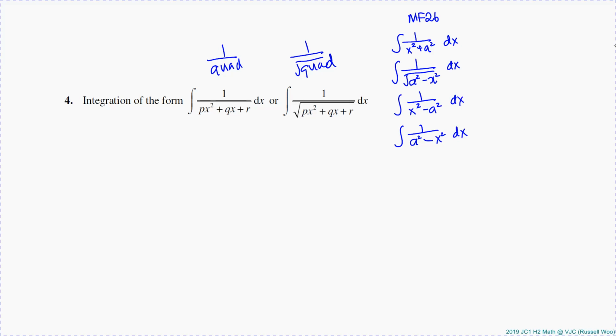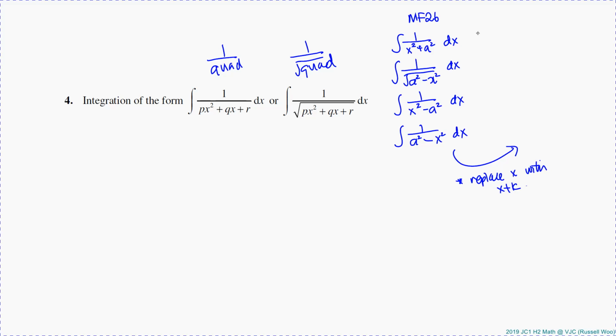Now I want to emphasize one very important thing. You can replace x with x plus k, and your formula all still works. Why?